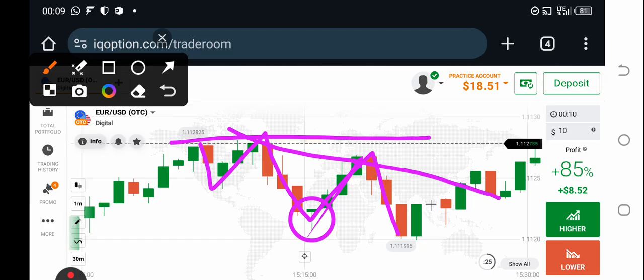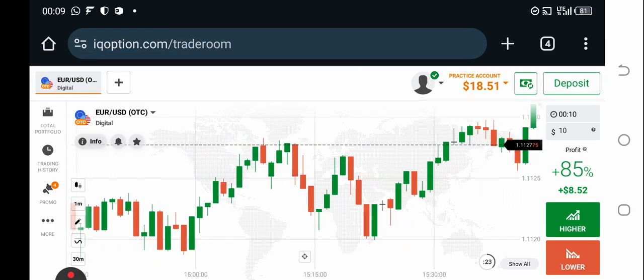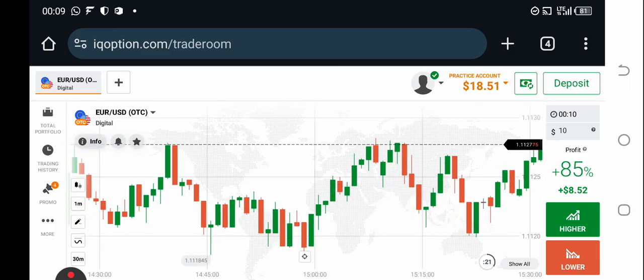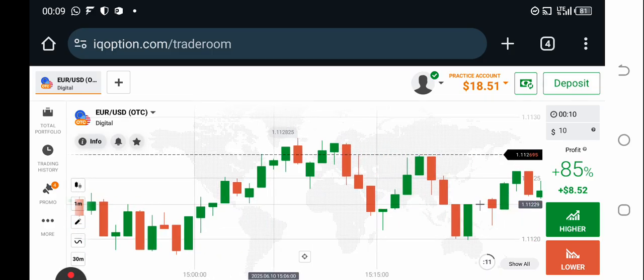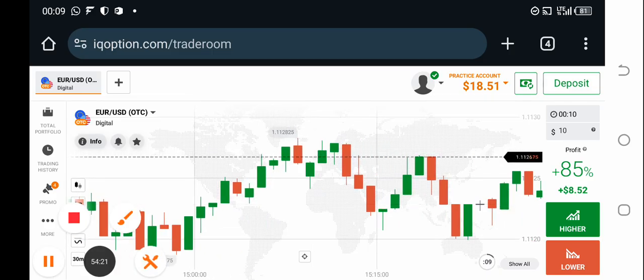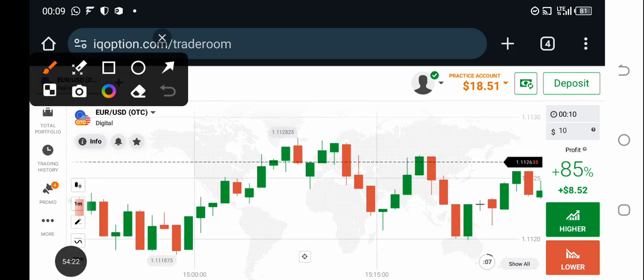By the time we get to patterns, we'll see how the market is moving. This market was very good at this time. Look at another hammer candlestick here. The market reversed. Look at another hammer candle.